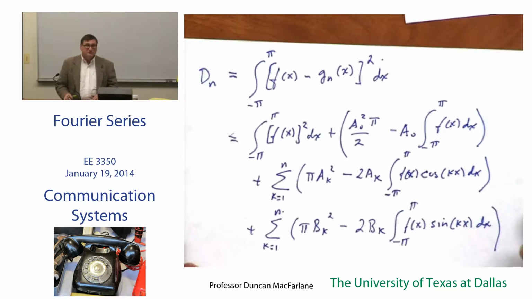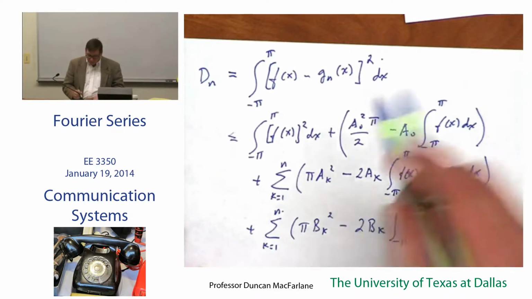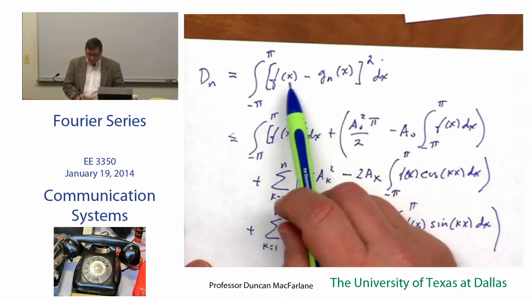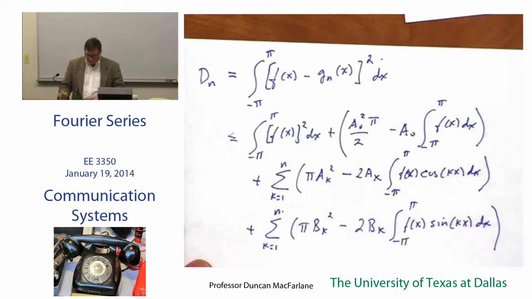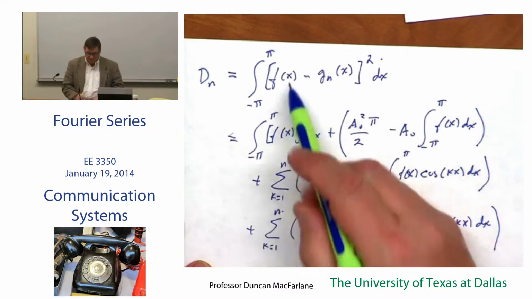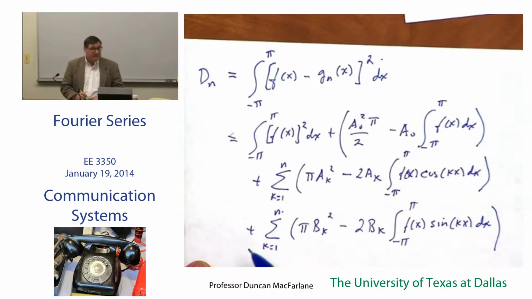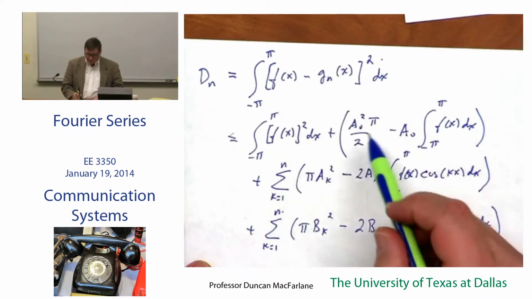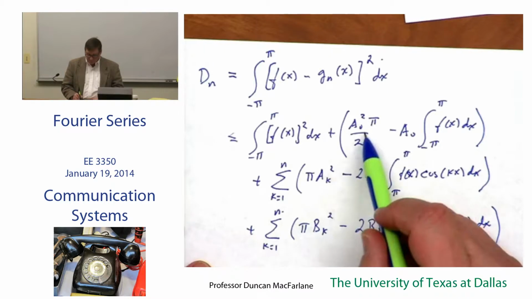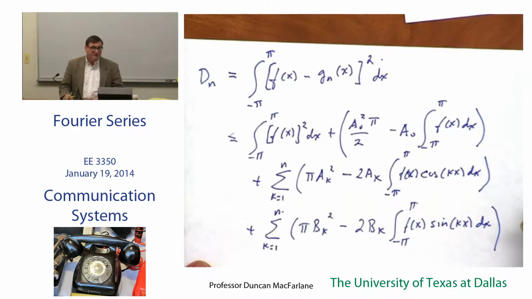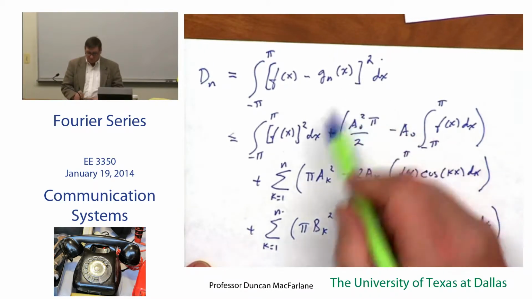That's a mouthful. So let me break this up for you. I have f of x squared terms. I've got g sub n squared terms.